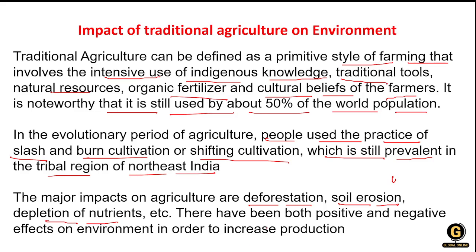Clear? There have been both positive and negative impacts on the environment in order to increase production. We use these kinds of practices for our agriculture, right? And it will impact your agriculture both positively and negatively.